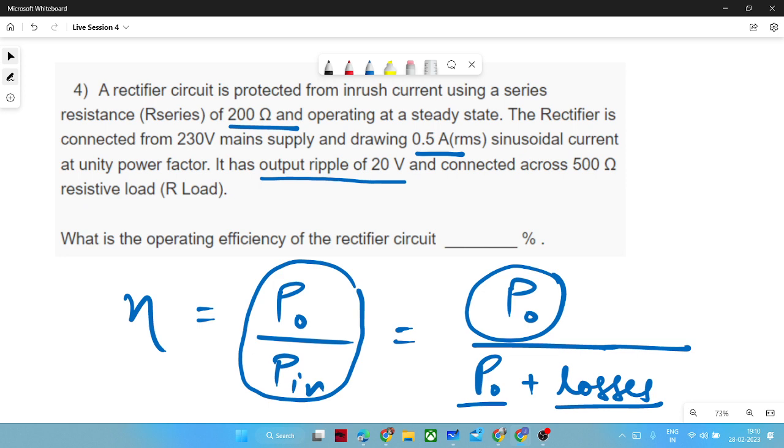Use of capacitor will give rise to peaky currents and it will not be desirable. Since the capacitor is fulfilling the purpose of having low voltage ripple, it comes with its own cost. You have to pay in terms of inrush current.